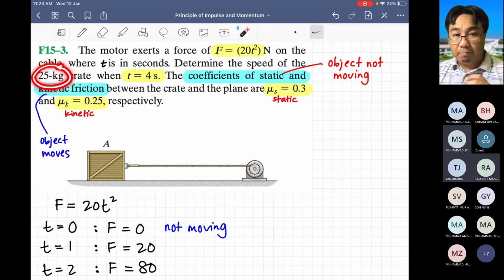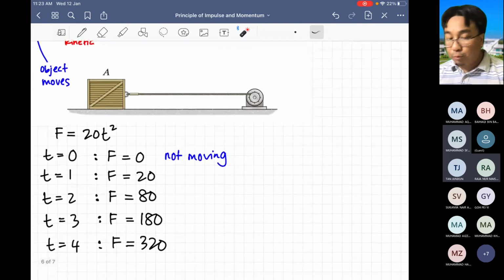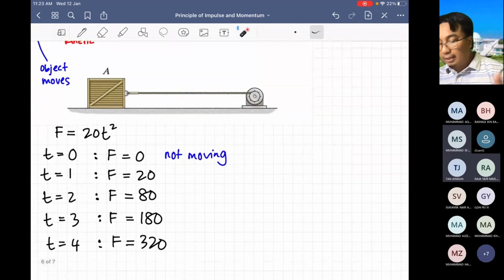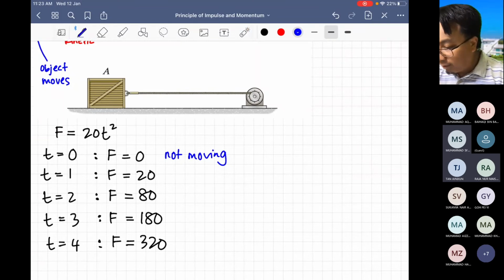So if the force applied is 20 Newton, probably dia belum cukup kuat untuk menggerakkan box tersebut. So probably pada T1, this is still not moving. Pada T2, F equals to 80, maybe dah start moving.